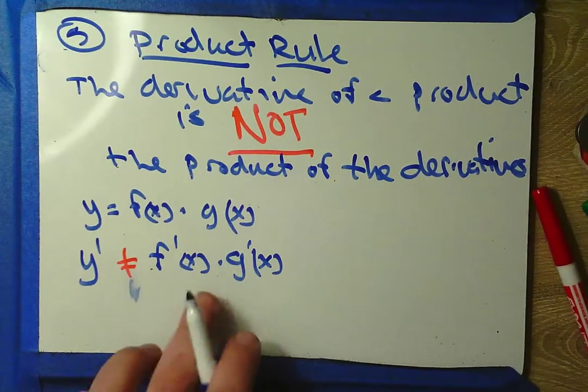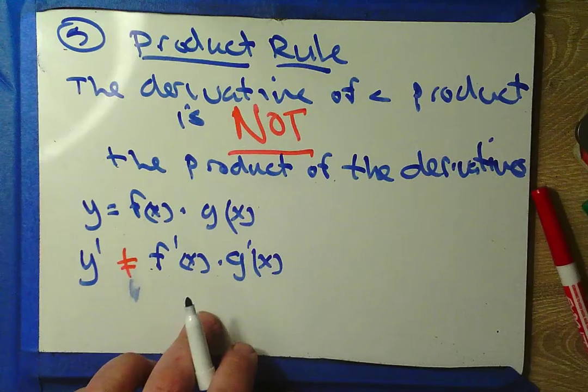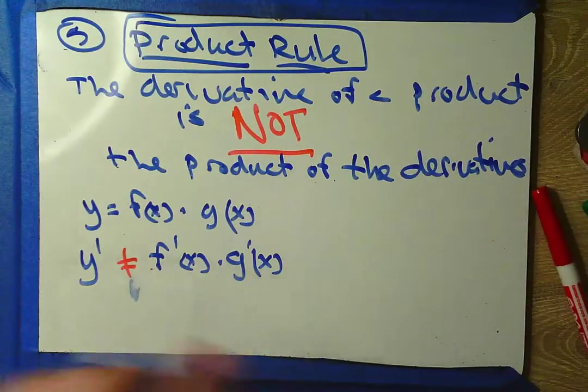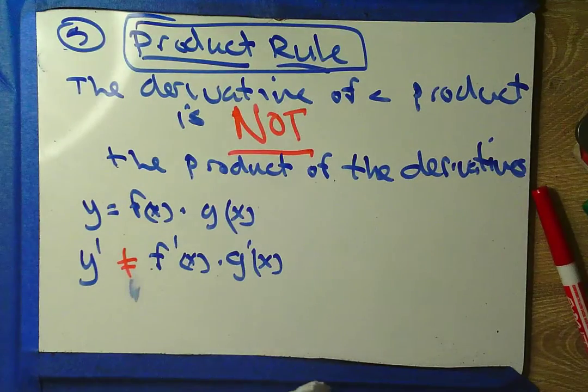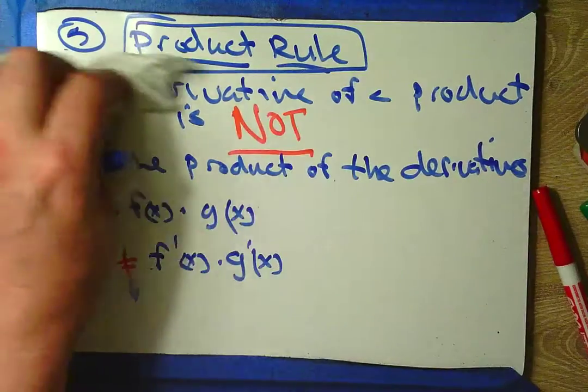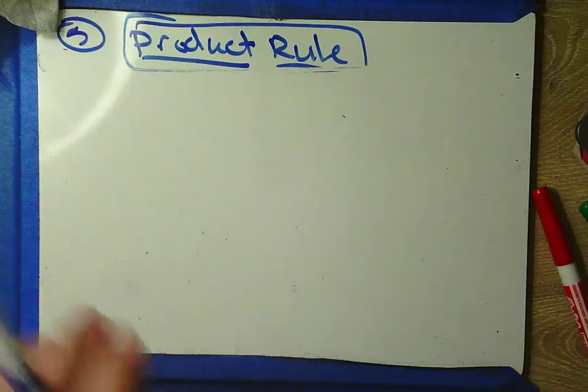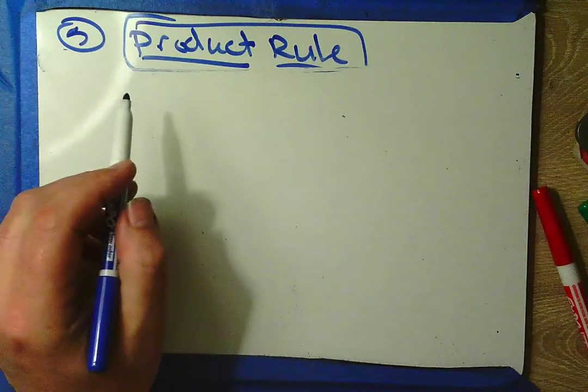You cannot do this thing. Instead, we have to use this thing called the product rule, which you're going to need to memorize. Because you already had to suffer today, I will not show you the proof of the product rule. But if you want to see it, come by and I'll show you.